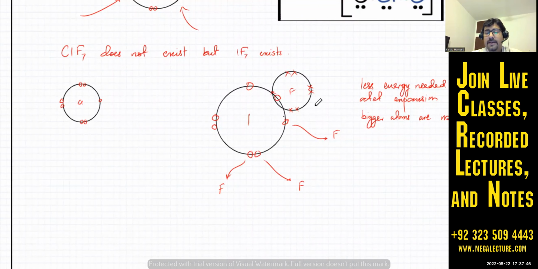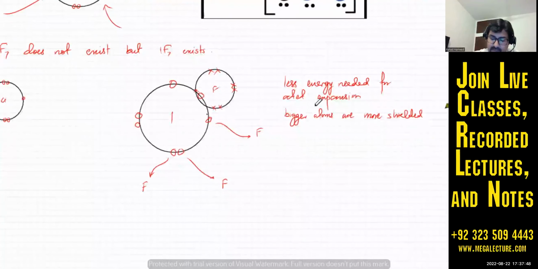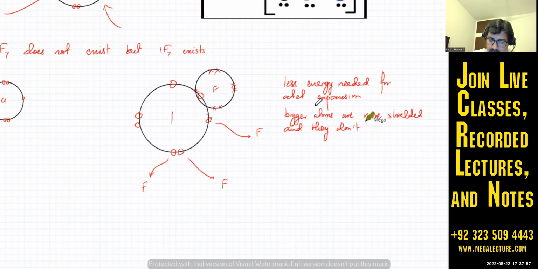And so bigger atoms are more shielded and they don't attract the electrons very strongly.